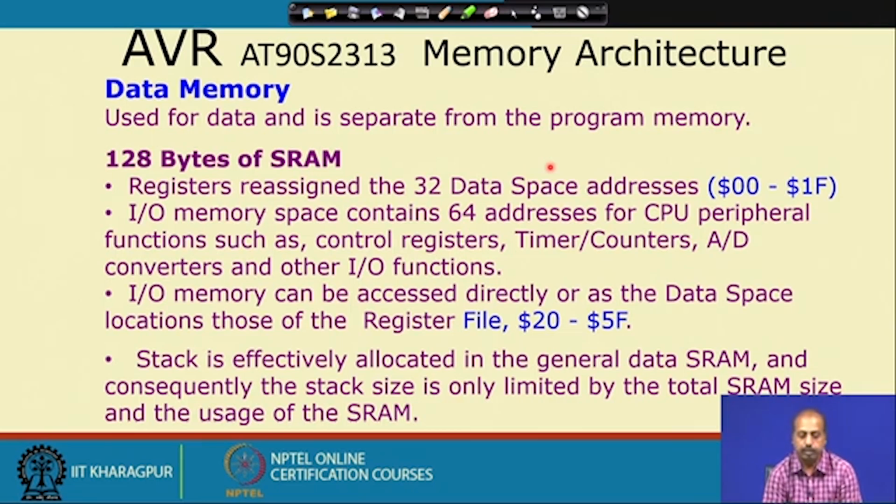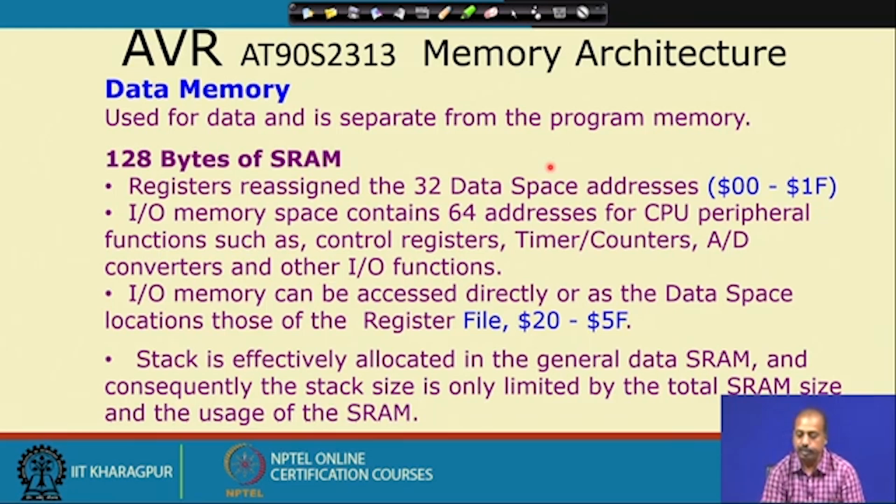You can either mention them as registers, or as memory locations. This is where you access the timers, AD converters and other IO modules, so it can be accessed both ways.